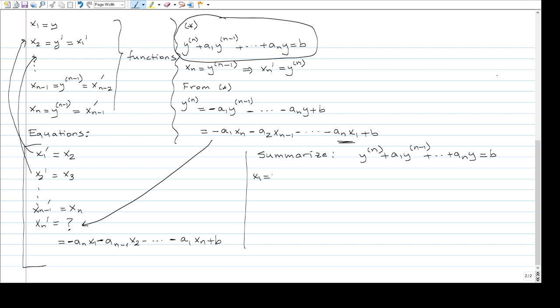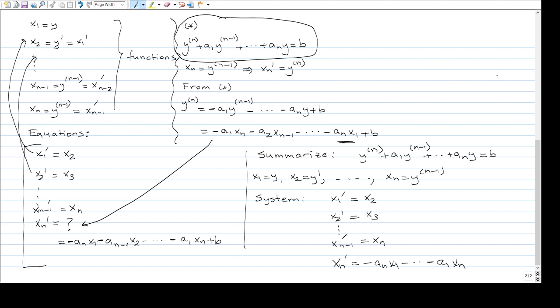Then we let x1 equal y, x2 equal y prime, and so on, xn equal to the n minus first derivative of y, and we get the system: x1 prime equal to x2, x2 prime equal to x3, xn minus 1 prime equal to xn, and xn prime equal to minus an x1 minus up to minus a1 xn plus b.